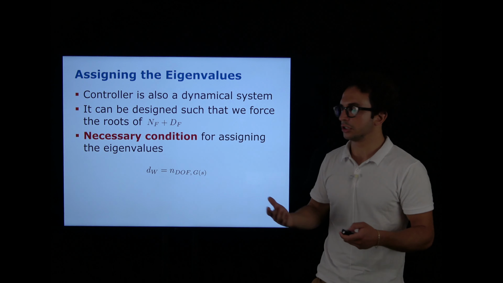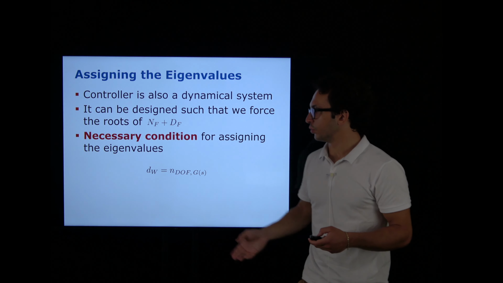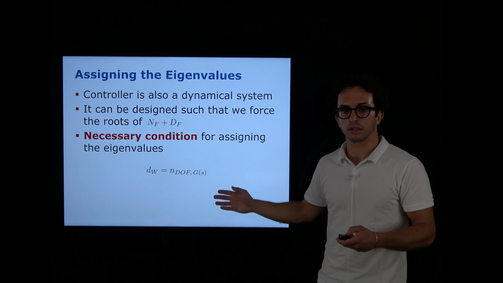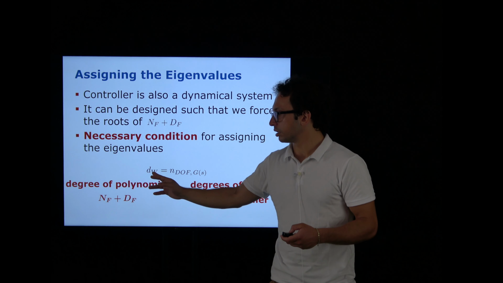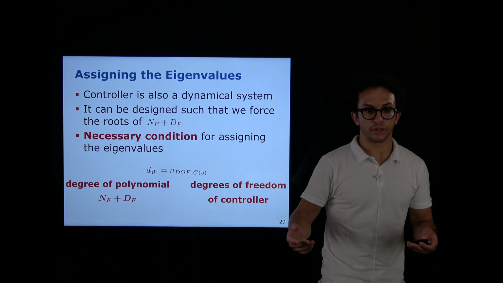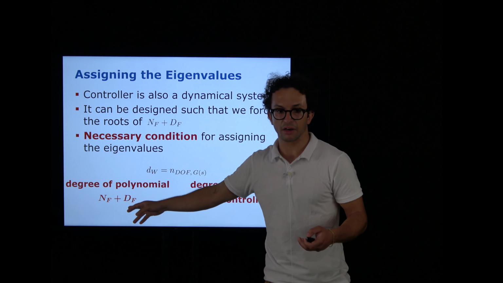Well, we have a necessary condition for assigning the eigenvalues, which is this condition here, which seems unreadable at the moment, but actually it says that the degree of the polynomial of the transfer function that we're dealing with, which is nf plus df, must be equal to the degrees of freedom of the controller.